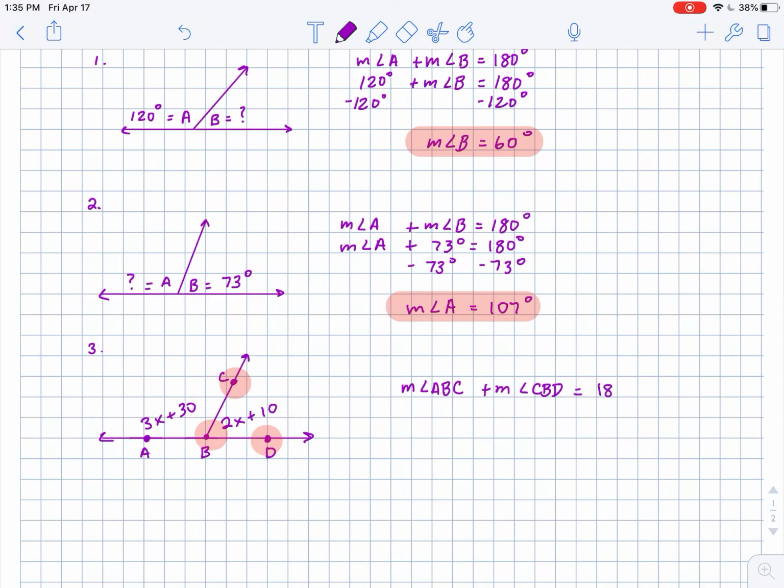And their angles will add up to 180 degrees. Okay, so now I need to fill in what are these measurements. Okay, and also, sorry, what am I solving for? Let's solve for x.